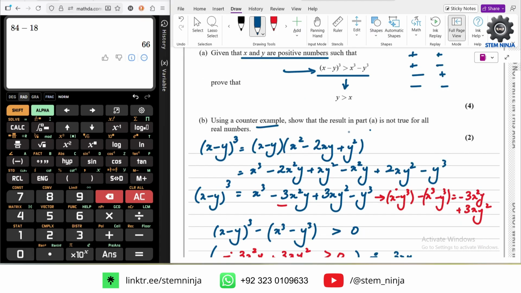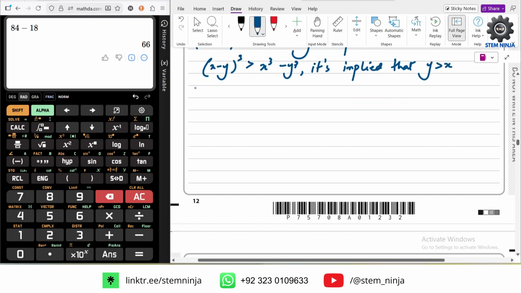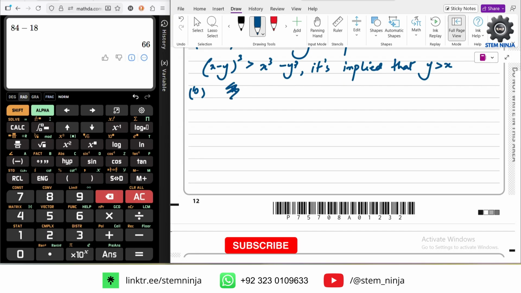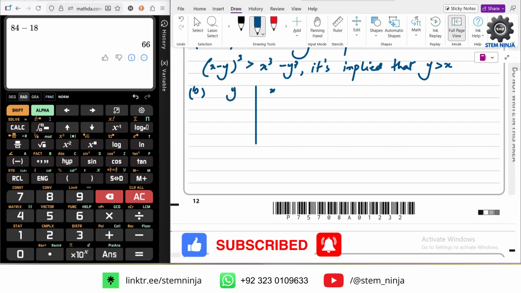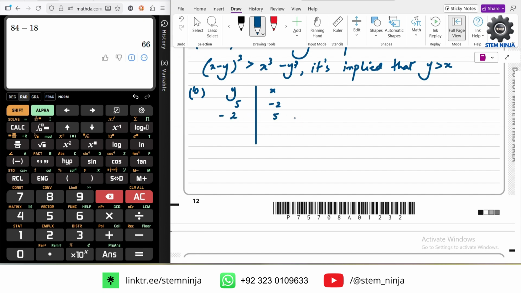Right, so let's pick some example cases. Positive, positive we have done. Let's say we want y greater than x. So let's choose this to be positive, this to be negative, this to be negative, this to be positive.